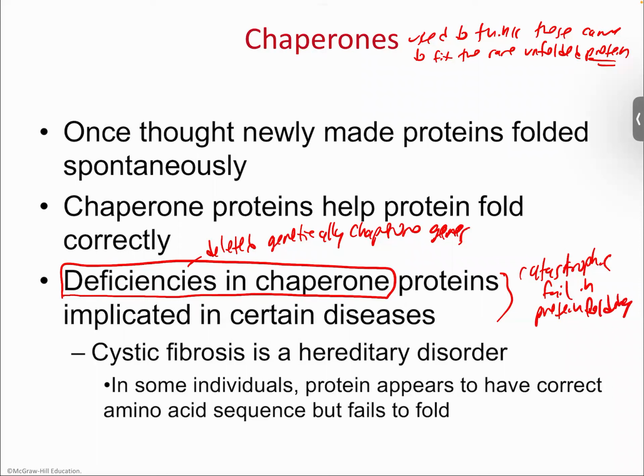What does that tell us? It suggests that chaperones are much more involved. They're not just fixers, they're required to actually get these things folded properly.